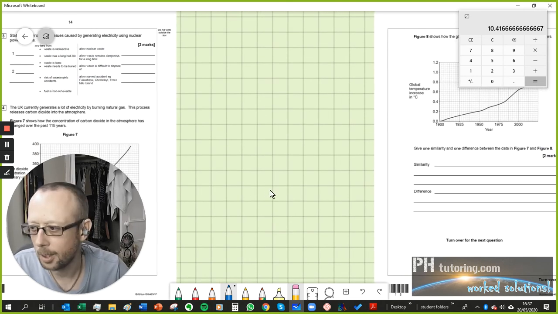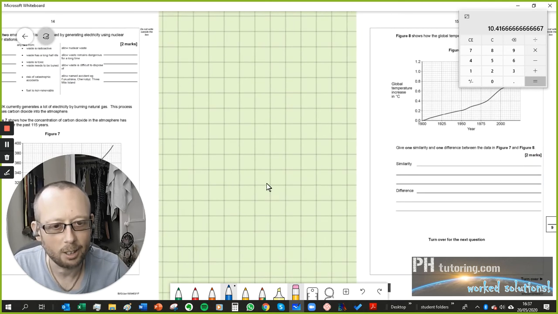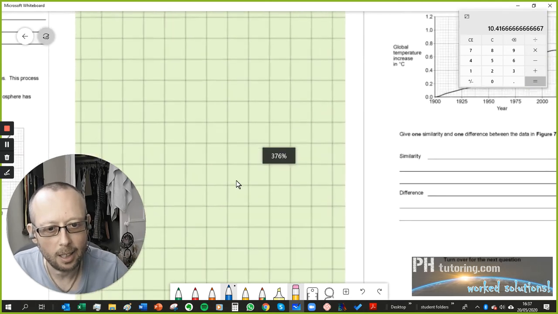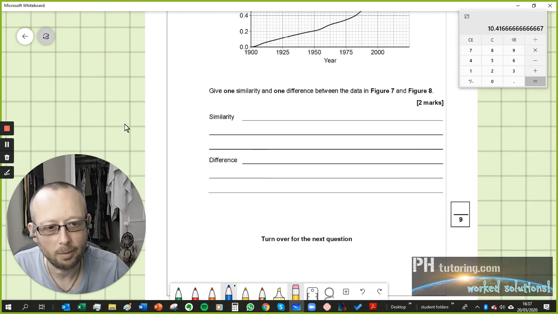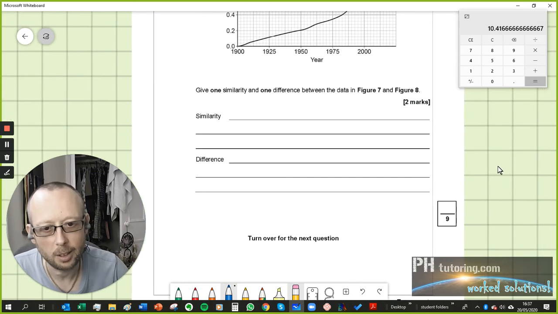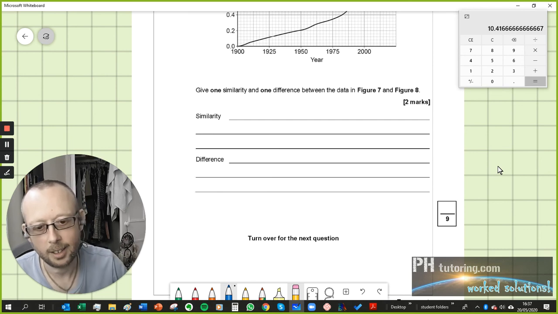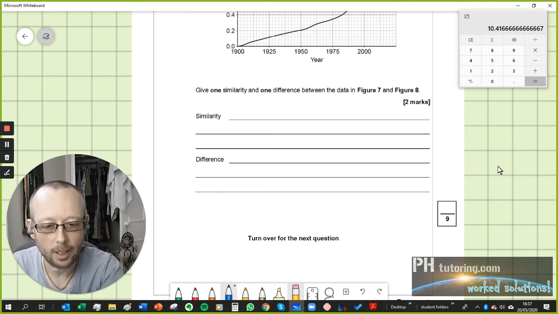Now, what does that mean? I mean, this could get into a massive political debate here. My standpoint on this is that humans are definitely causing global warming, and we need to get our act together. So I don't really like this question. There's a lot of different data out there that would suggest different things.